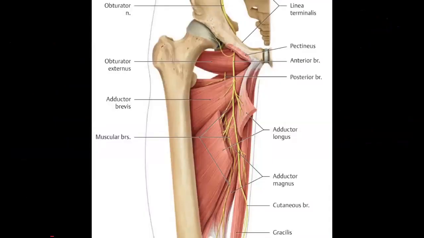Right? Again, this is brevis. So, this one is the posterior branch. Blue one. Okay. That is, the blue one is the posterior branch of obturator nerve.